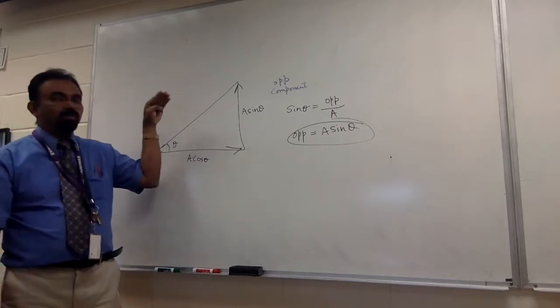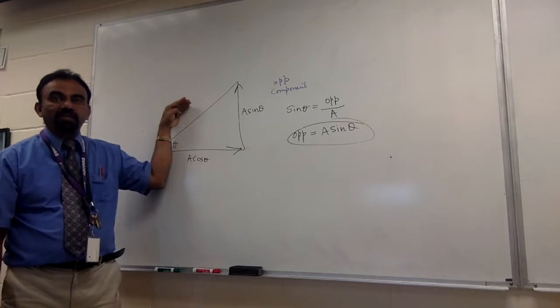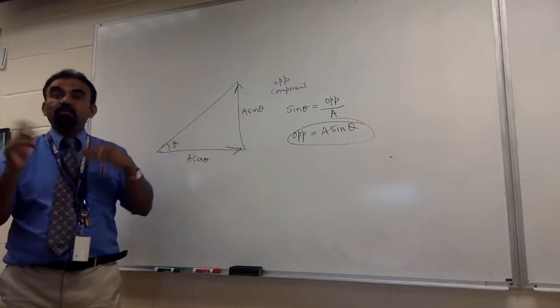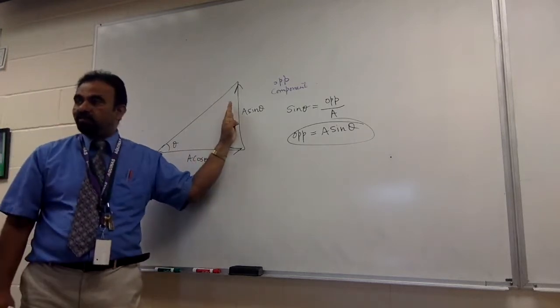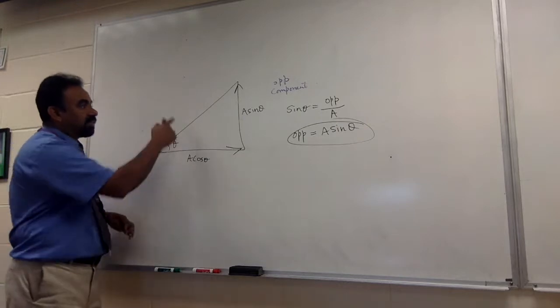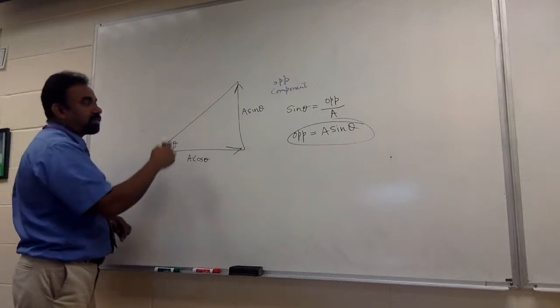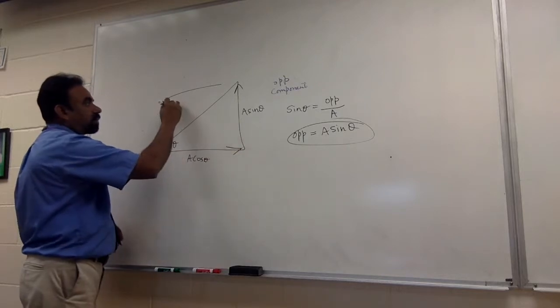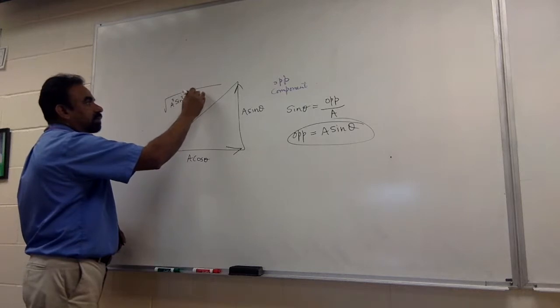Again, if you have a vector already here and the angle, you can split it into two vectors. If you have two vectors already, you can find the resultant. How do you find the resultant here? You use Pythagorean theorem, which is square root of that square plus this square.